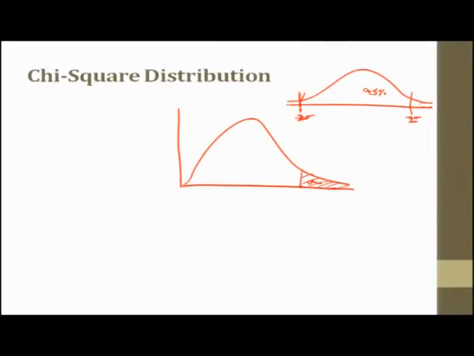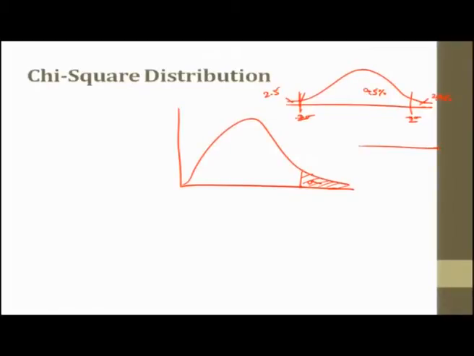So, this is 2.5% here and 2.5% here. That means when I am selecting 2 sigma limits to see the credibility of my sample, I am 95% confident. If it is within 3 sigma limits, I am 99% confident.